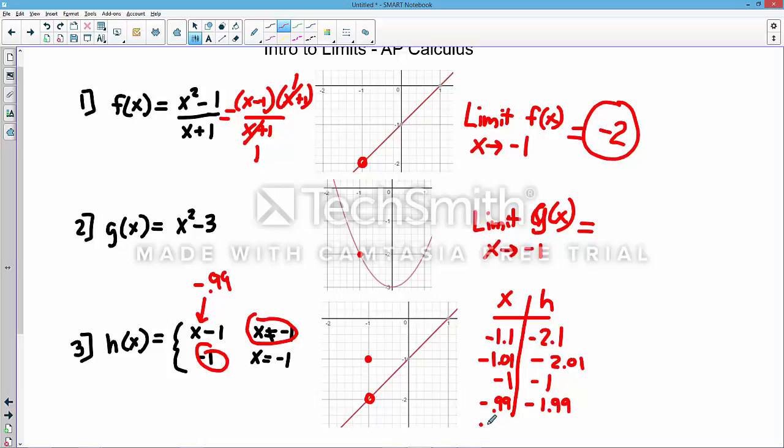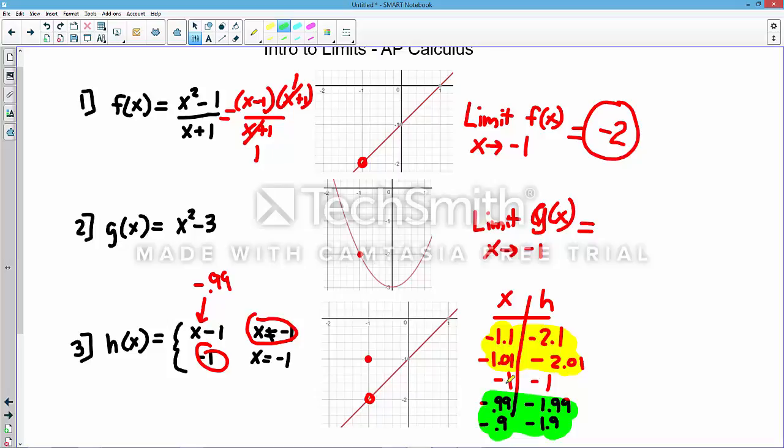Okay, and of course if I put in negative 0.9, I get negative 1.9. So as you can see, right, from this side, as we get closer and closer, it's getting closer to negative 2. And from this side, from here and then to here, we're getting closer to negative 2.